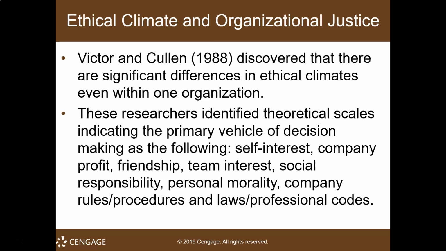These researchers identified theoretical scales indicating the primary vehicle of decision making as the following: self-interest, company profit, friendship, team interest, social responsibility, personal morality, company rules and procedures, and then laws and professional codes.